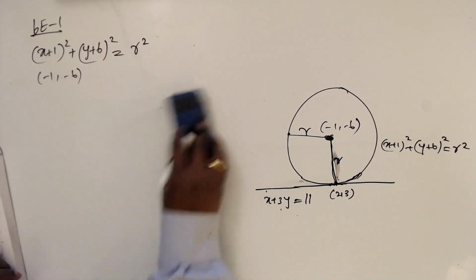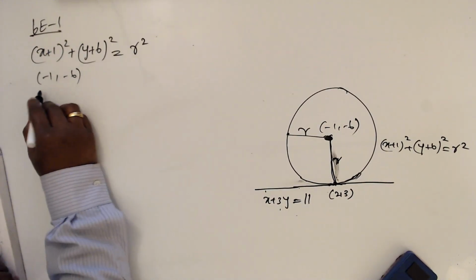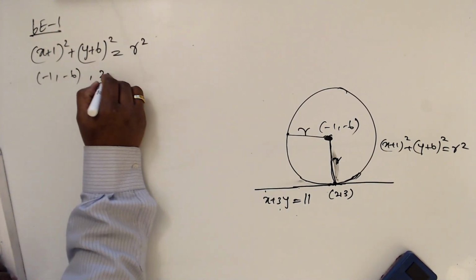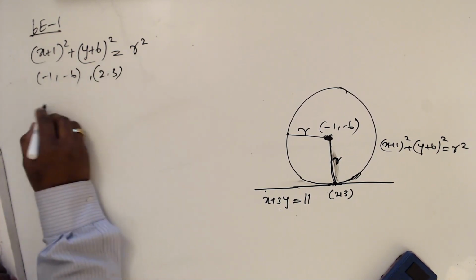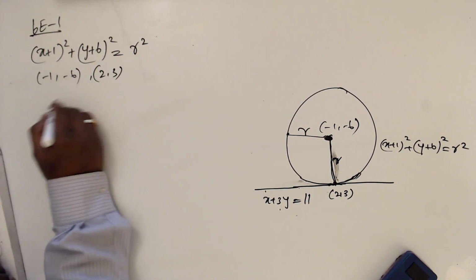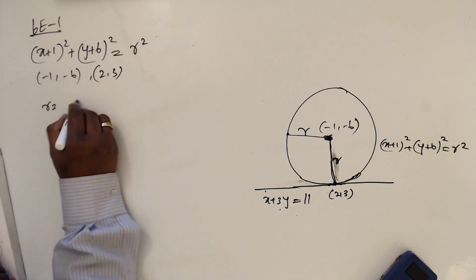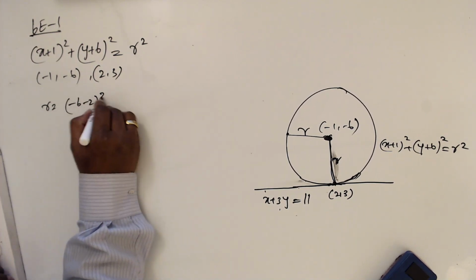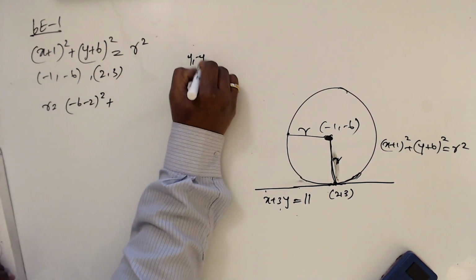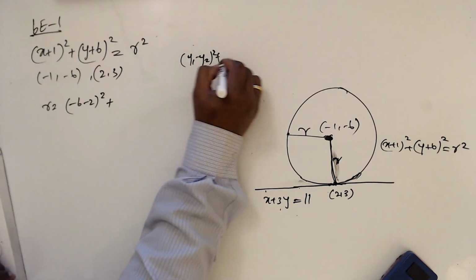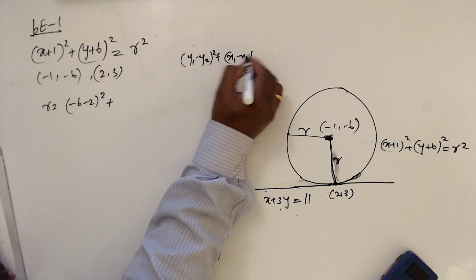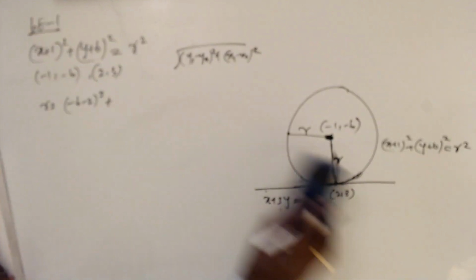In other words, you have the coordinates (-1, -6) and (2, 3). What is the distance? The distance is r. r equals the square root of (y1 minus y2) squared plus (x1 minus x2) squared.